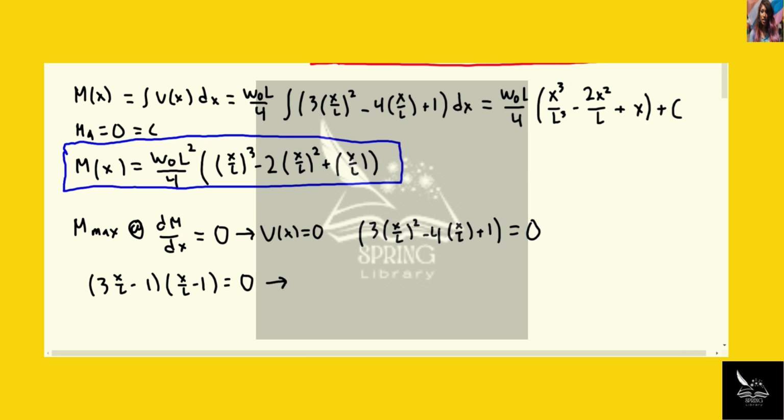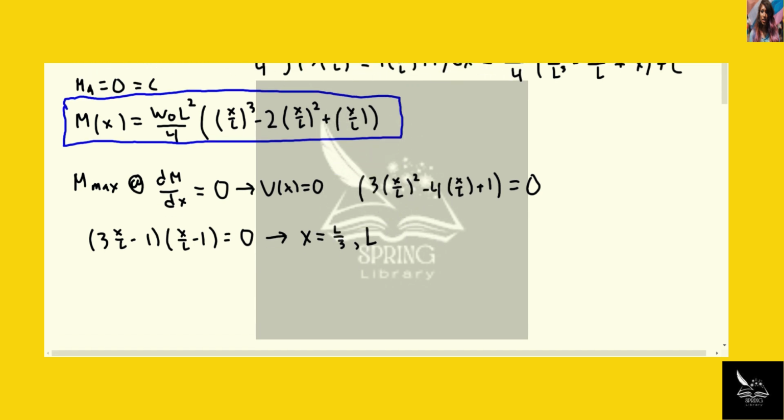Okay, so we've got two solutions for V equal to 0. We've got x equal to L over 3 and x equal to L. So we just need to examine those two cases to find which gives the maximum for M.